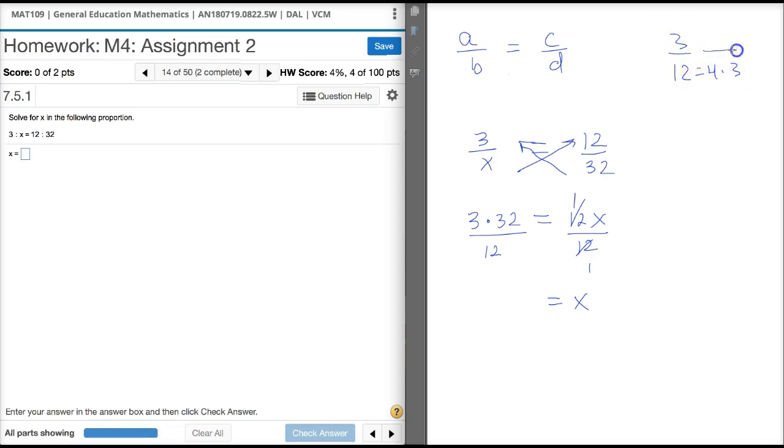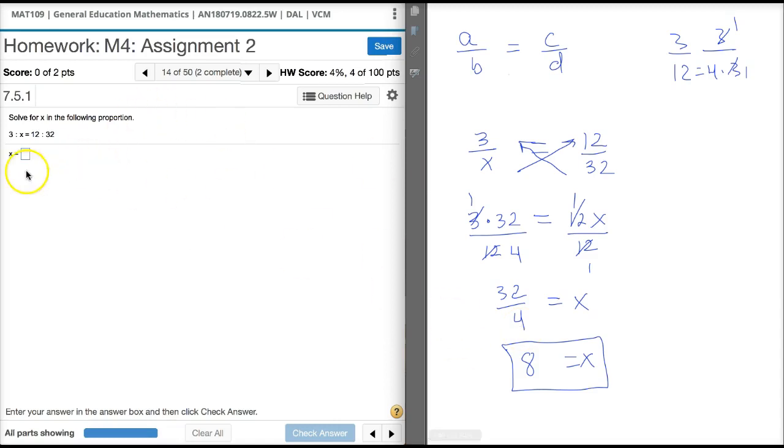Okay, so if I have that, then here this 3 divided by 3 reduces to 1, and I just have 1/4 left. So here I can reduce that to 1, reduce that to 4. And now all we have is 32 divided by 4, and of course 32 divided by 4 is just 8. So our final answer here is just x is equal to 8.